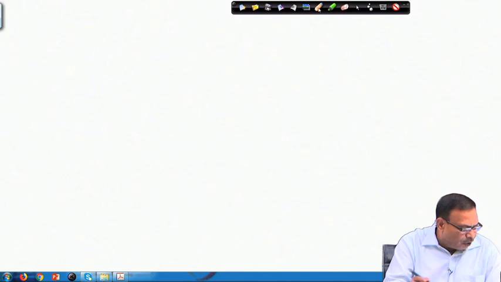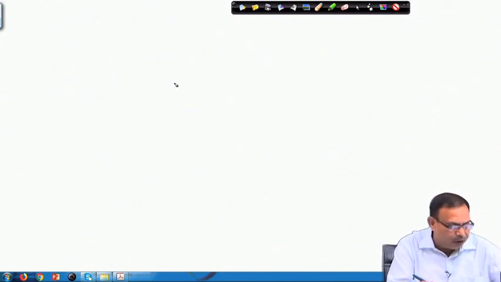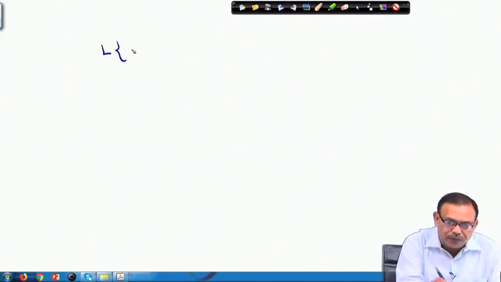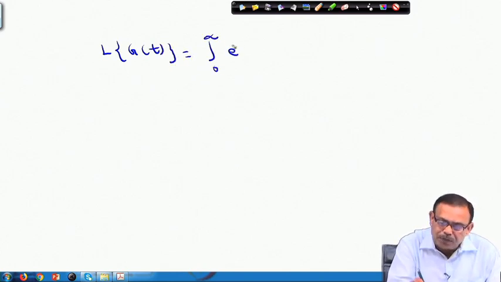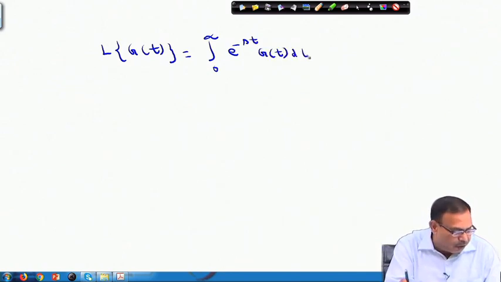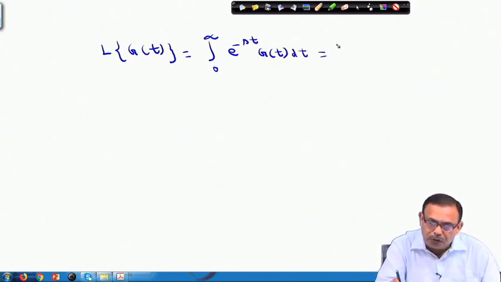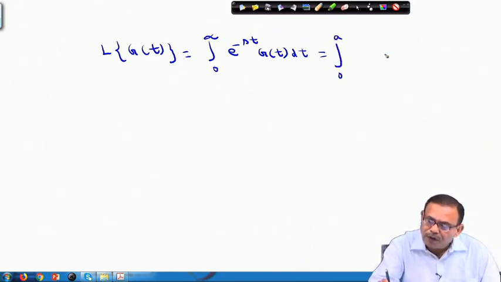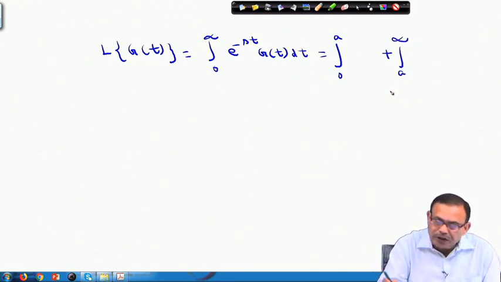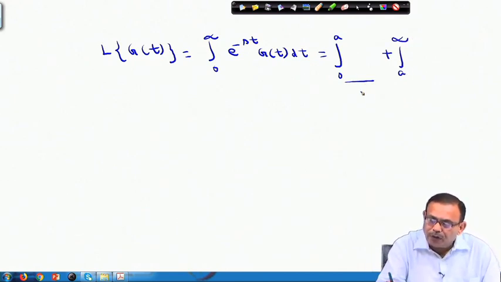For the proof of this, we have to start with the Laplace transform of the function g(t), which equals the integral from 0 to infinity of e^(-st) g(t) dt. As usual, you can break it into two parts, 0 to a and a to infinity. From 0 to a, the value of g(t) is 0, therefore this term will vanish.